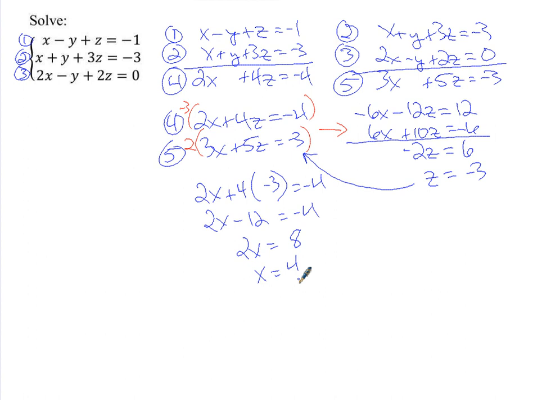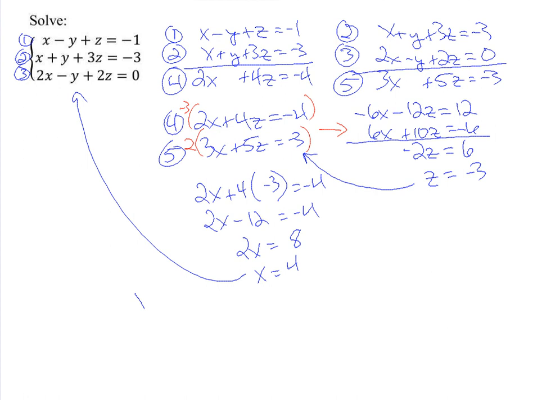We're almost done. We have 2 variables. We just need the third. So I'm going to take that x equals 4 and my z equals negative 3. They're both going into one of my top original equations. Whichever one looks easiest. Maybe number 1 looks easiest. So we'll go with x. Oops, I don't want x.